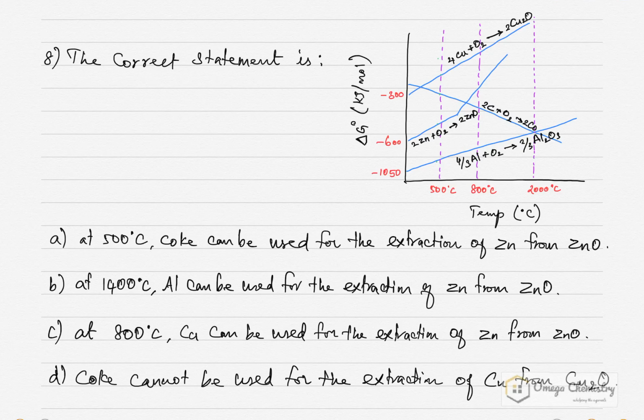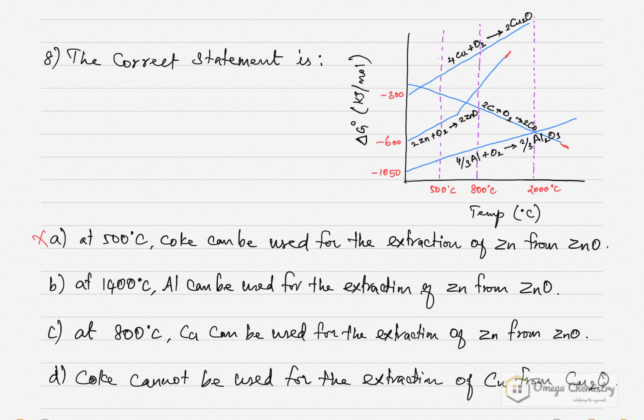So coke curve is here, and zinc curve is here. At 500 degrees Celsius, my coke curve is above the zinc curve, which means it cannot reduce. So option A is wrong.